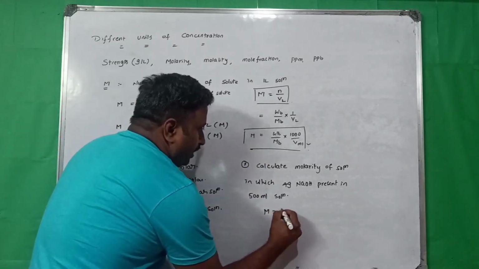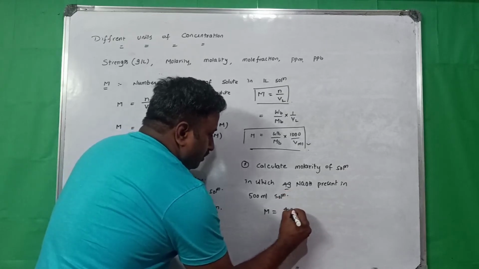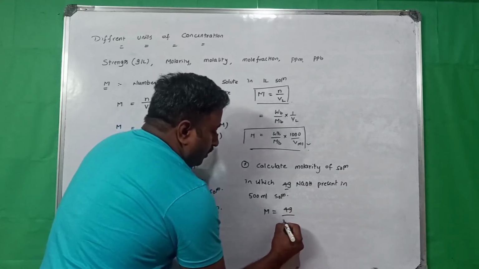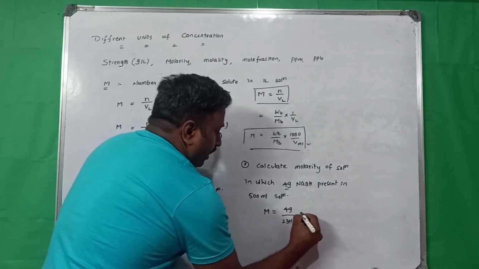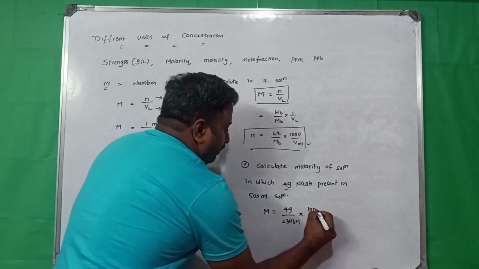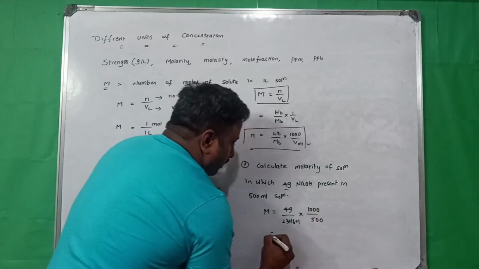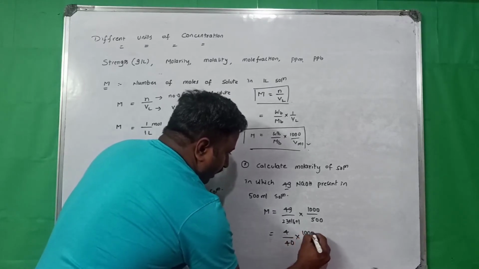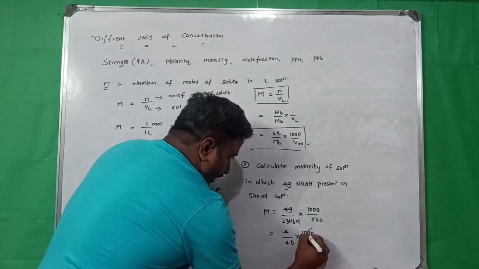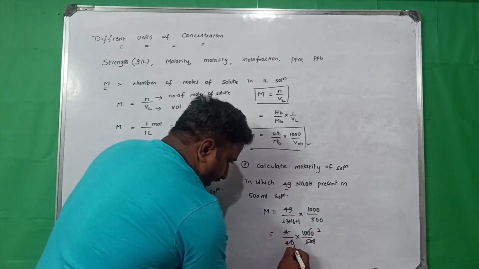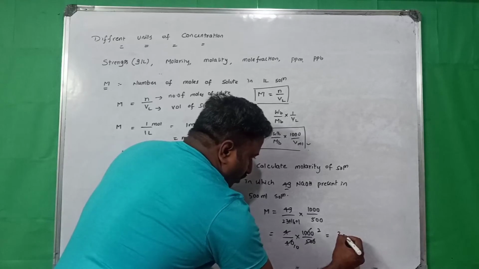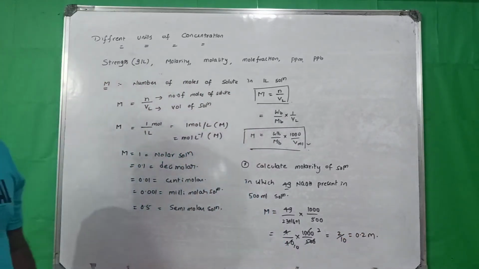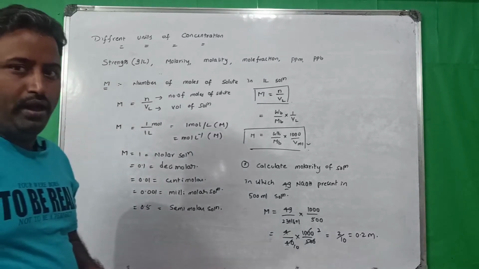Molarity is equal to weight of solute 4 grams upon molecular weight of NaOH, 23 plus 16 plus 1, into 1000 by 500. So it is 4 upon 40 into 1000 by 500, which is 2 upon 10, 0.2 molar solution. The concentration of solution is 0.2 molar.